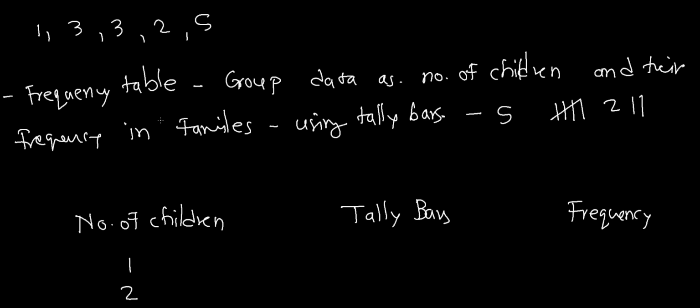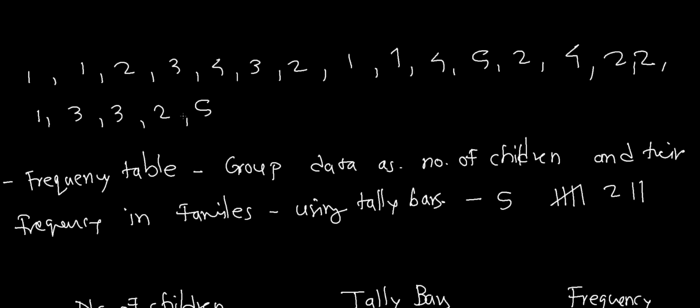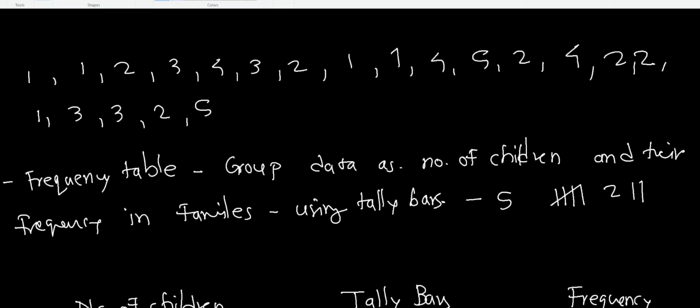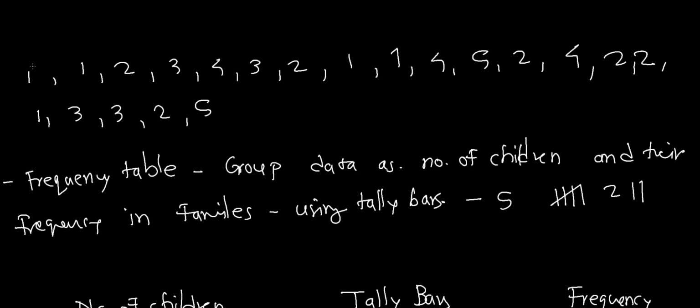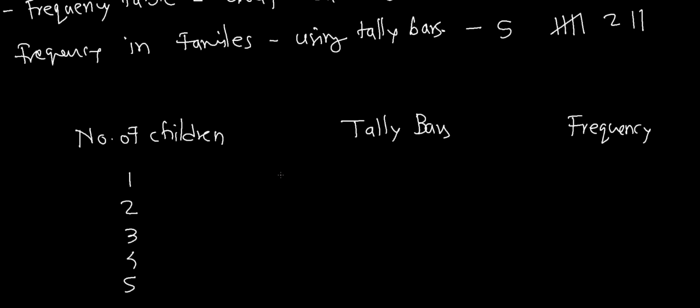So how many families have the number of children 1? Let's do this by a different color. So this is first one, second one, third, fourth, and fifth. So 5 families have number of children as 1.